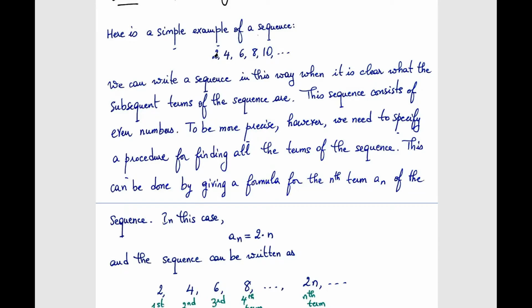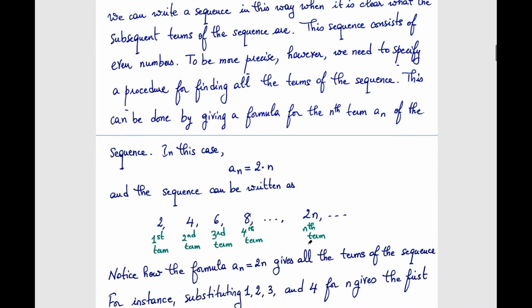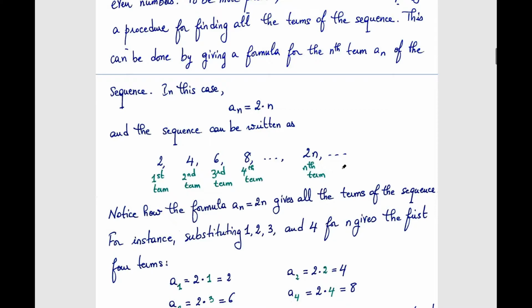So first term is 2 times 1, second term is 2 times 2, third term is 2 times 3, fourth term is 2 times 4, fifth term is 2 times 5, and so on and so forth. So the nth term is going to be 2 times n. So that's going to give you a recipe for any term in the sequence. And you can read it as follows: the nth term is 2 times n. Okay, so you get this list here.